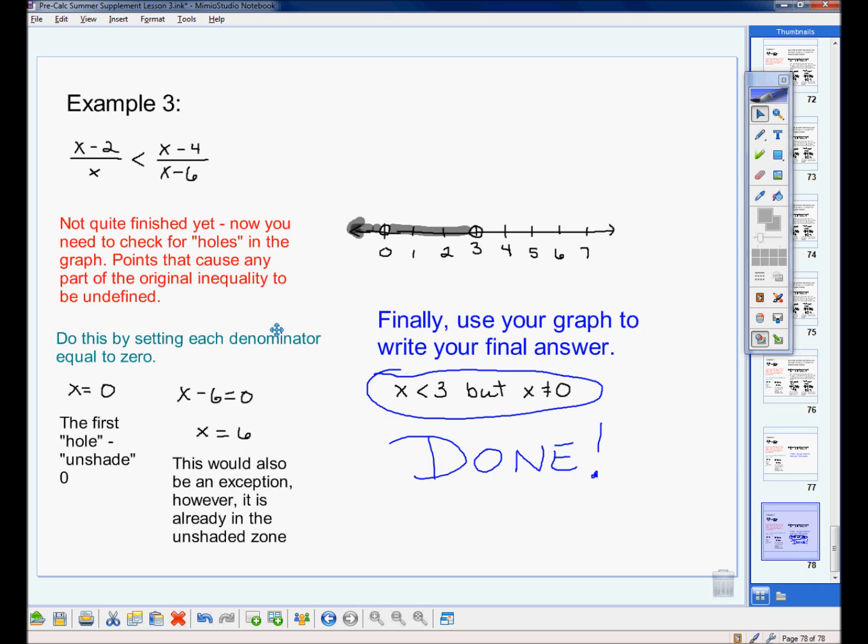So between a combination of your algebra skills and the correct usage of a graph, you do finally come around to the right answer for these inequalities. They are a little bit trickier. They take a little more time. You need to be careful if you come out with 2 different test points or 2 different division points.